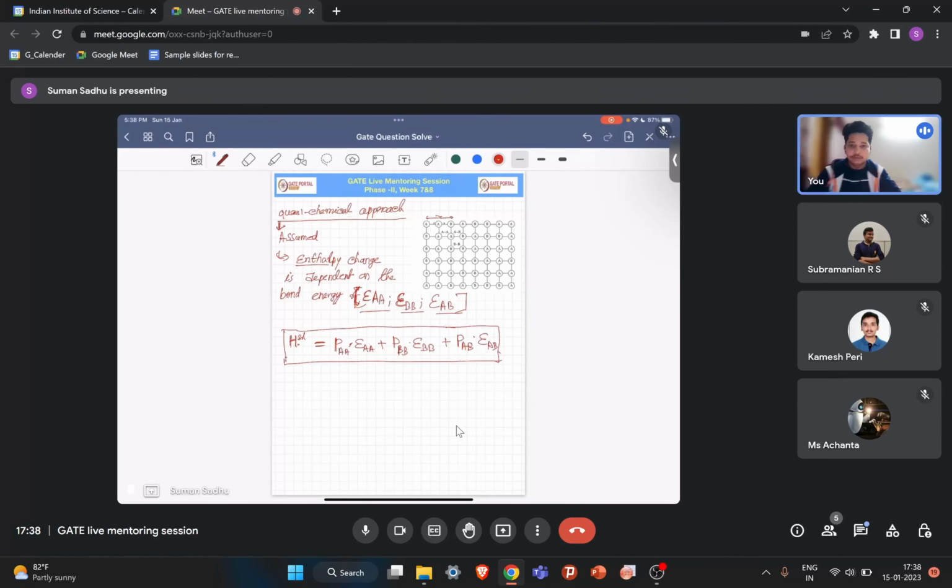Now we have to find out the probability of finding a bond of A and A atoms, the probability of finding a bond between B and B atoms, and the probability of finding a bond between A and B atoms.